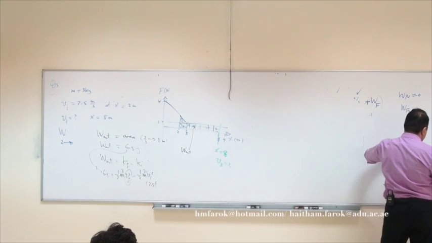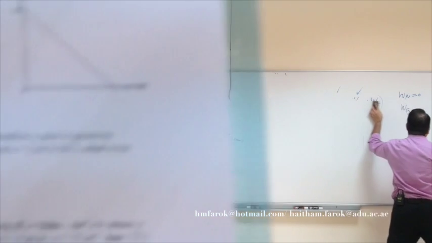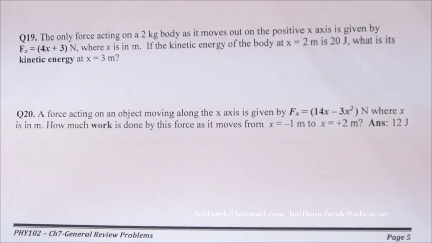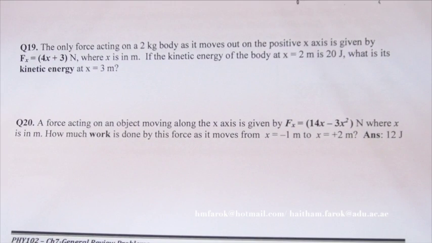Question 20 says, a force acting on an object moving along the x-axis is given by F sub x equal 14x minus 3x squared. So the force here is a function, 14x minus 3x squared.